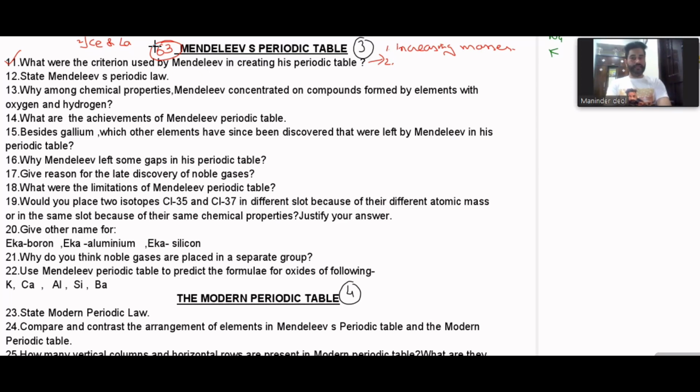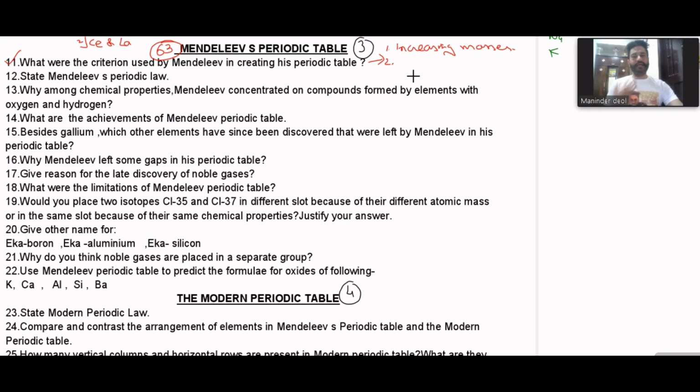So what criteria did he select? He reacted every element with hydrogen and oxygen. Now why did he select only hydrogen and oxygen? Because these are easily available in nature, and second, these are reactive elements, nearby, that make compounds with every element. So every element he reacted with hydrogen and oxygen.